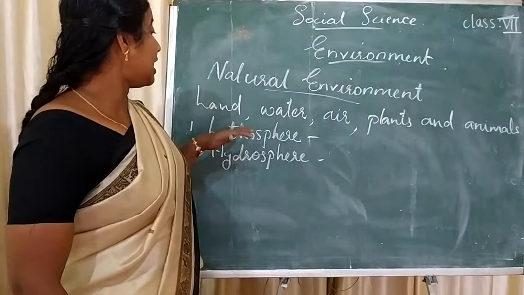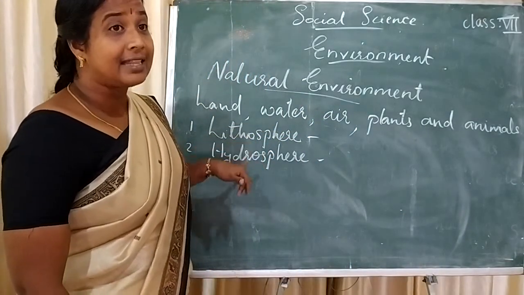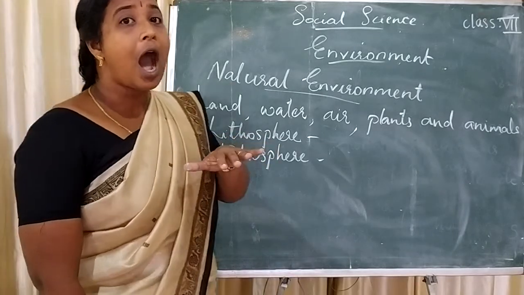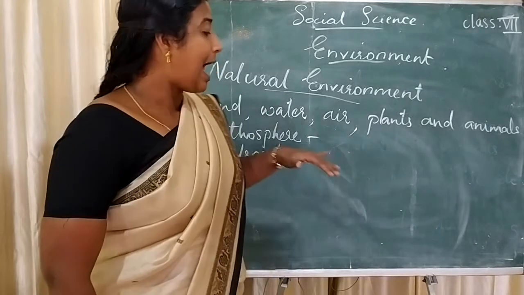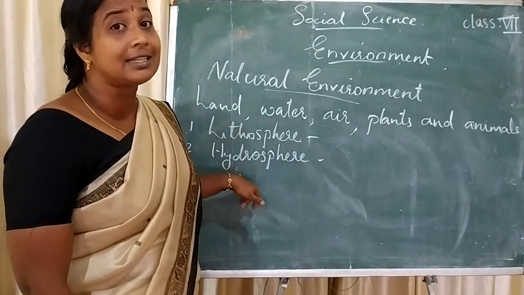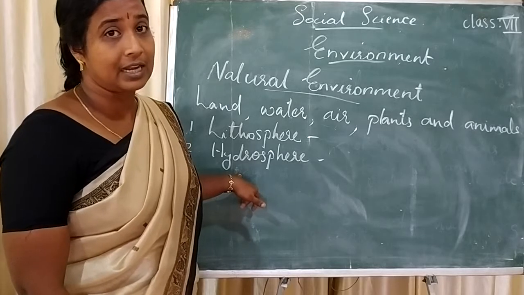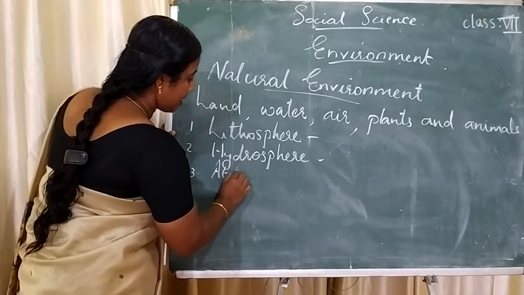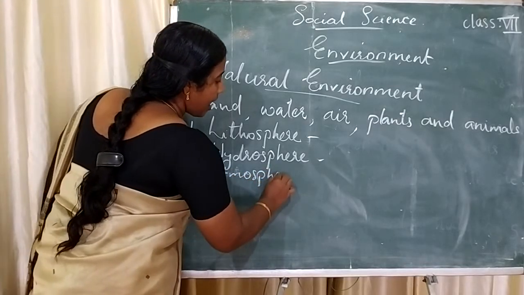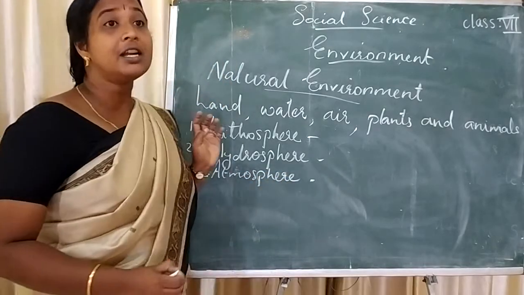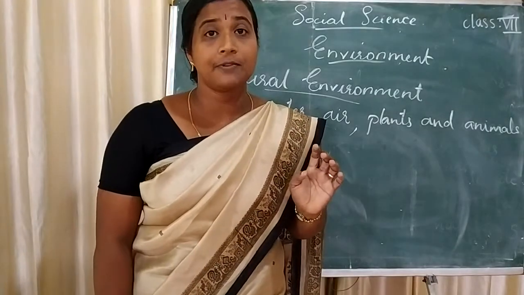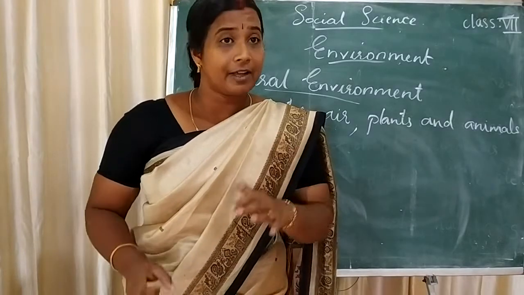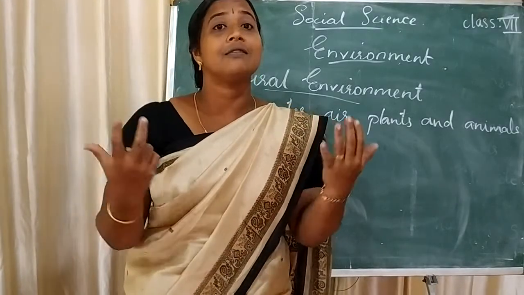So, first one is lithosphere and the second one is hydrosphere. And the third one is atmosphere. Atmosphere is the thin layer of air that covers the earth.